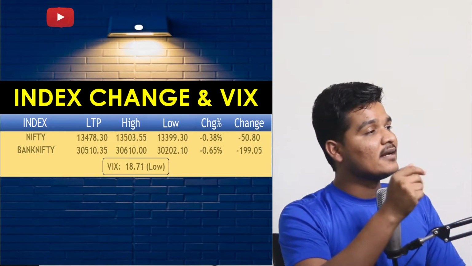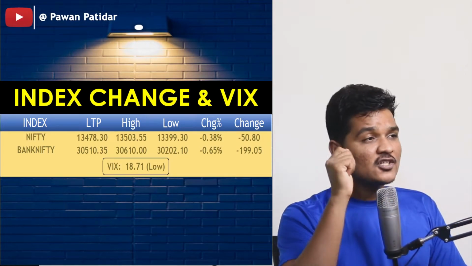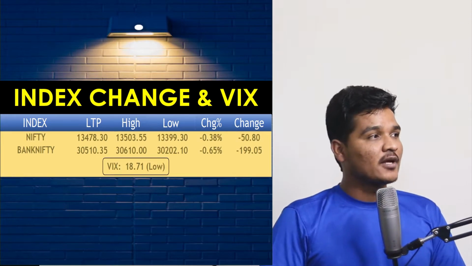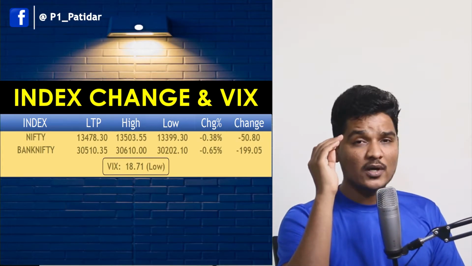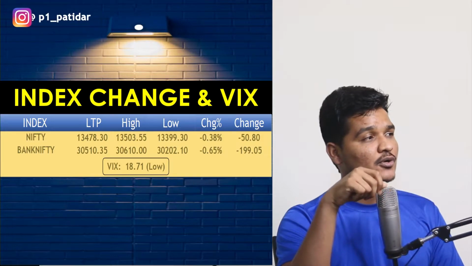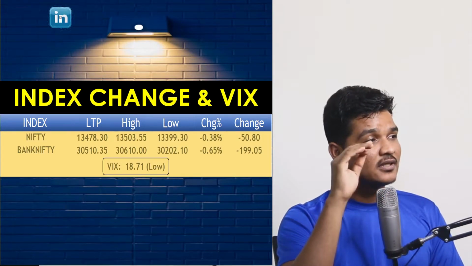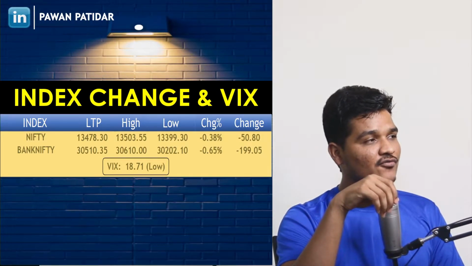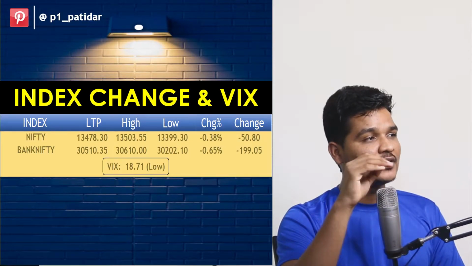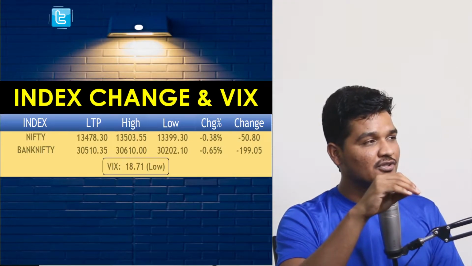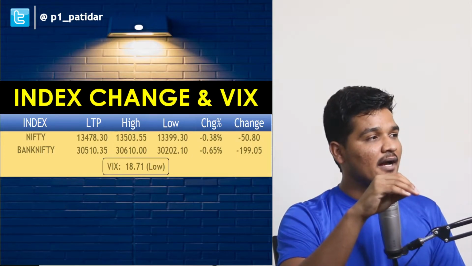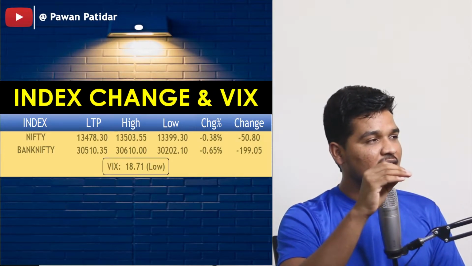Now let's see Nifty. Nifty changed minus 50.8 points today, and Bank Nifty changed minus 199.05 points today. Nifty made a high of 13,503.55 and a low of 13,399.30, and it ended at 13,478.30.